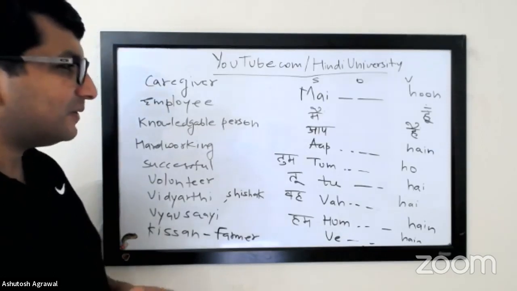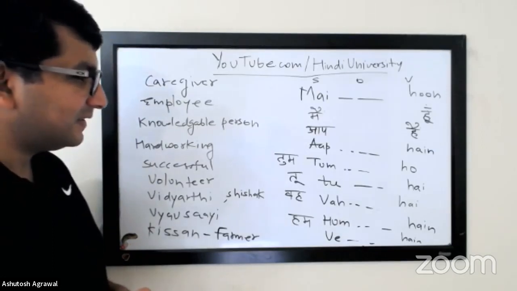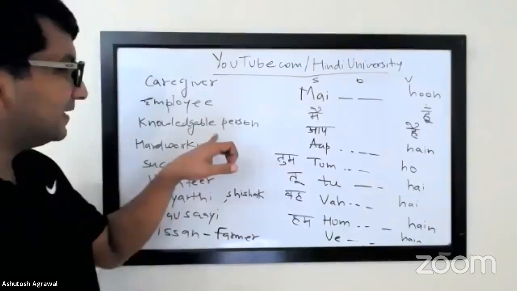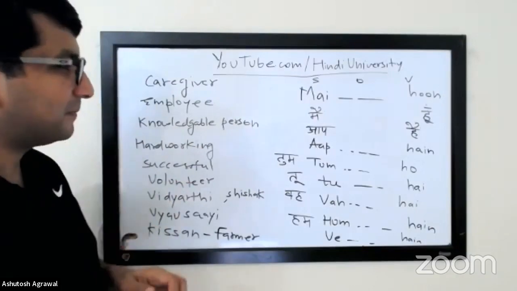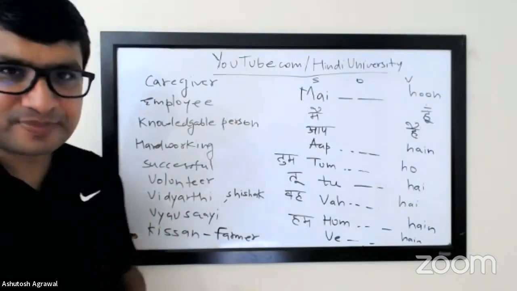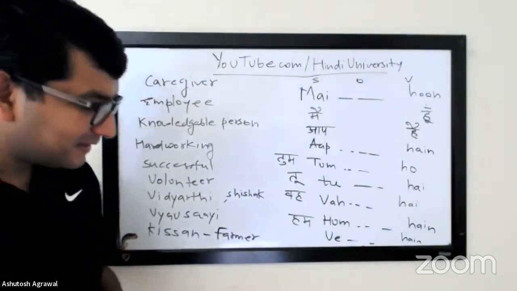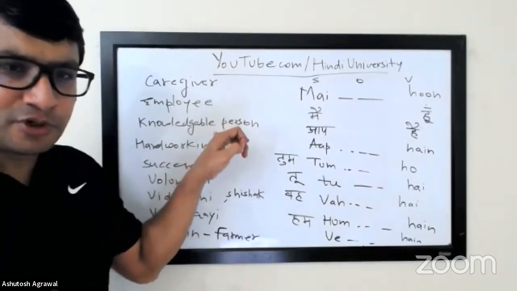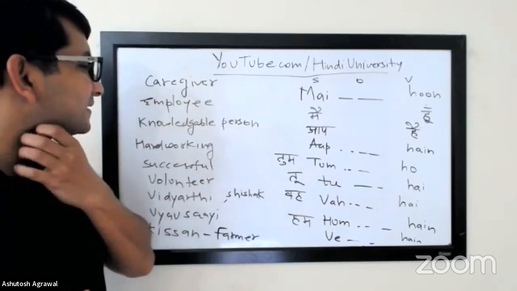To be a knowledgeable person, knowledgeable person है. Very good. Good, wonderful. Knowledgeable person in Hindi. Anyone would like to try? What do you think knowledgeable person in Hindi is?